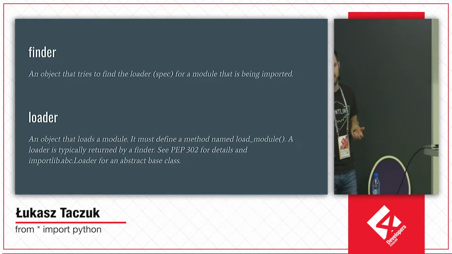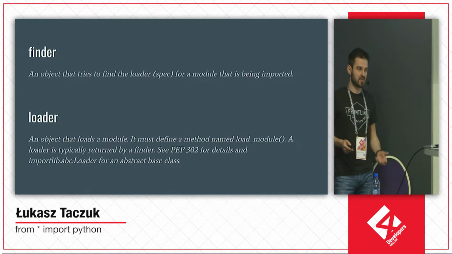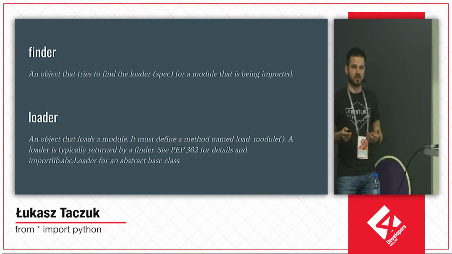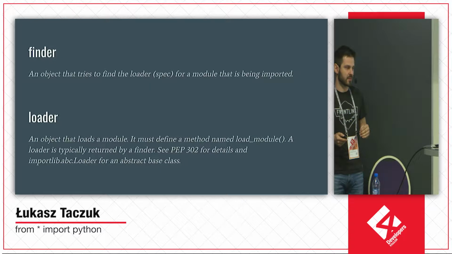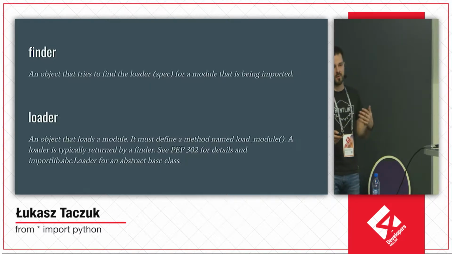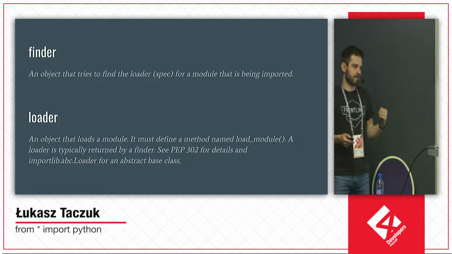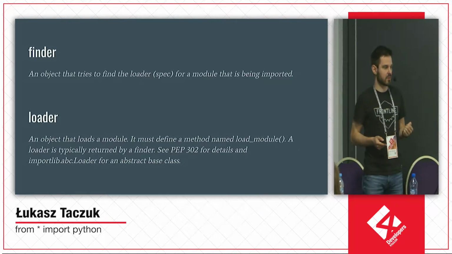Those methods allow the Python code to tell if and where a Python module is located. Actually, it's the finder's job to tell Python, yes, I can load that module. And once the finder does that, the loader starts doing its job.